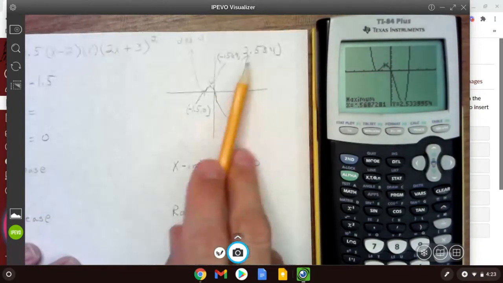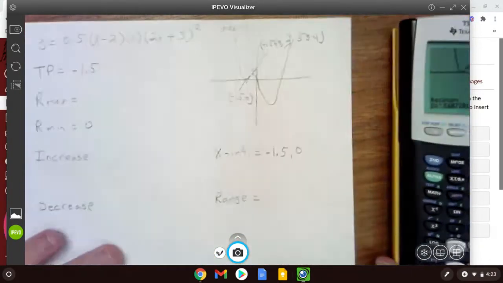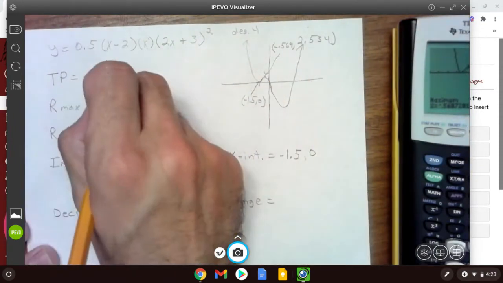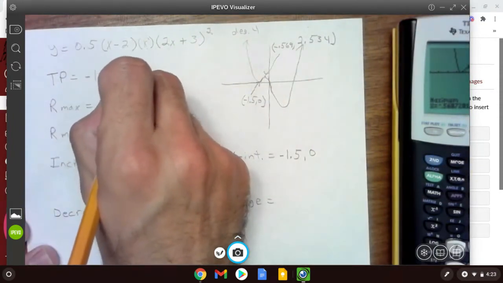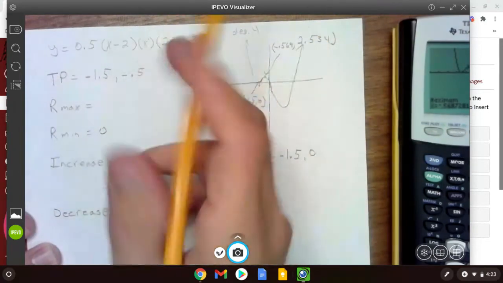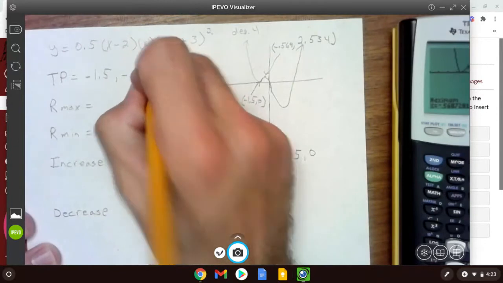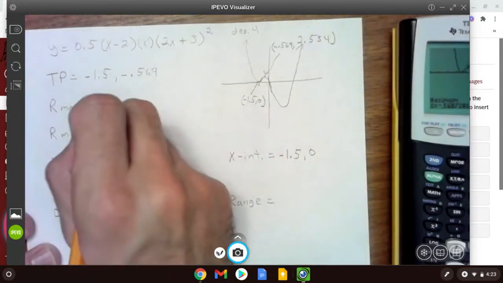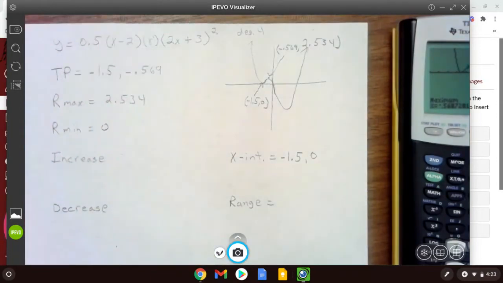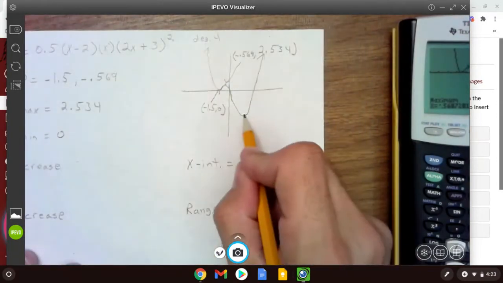These are actually points, ordered pairs. The x value is my turning point, negative 0.569, and that is a relative maximum, 2.534.